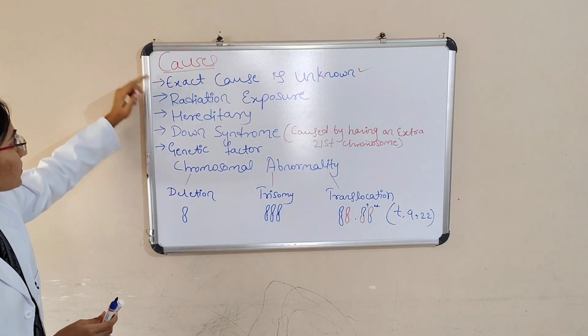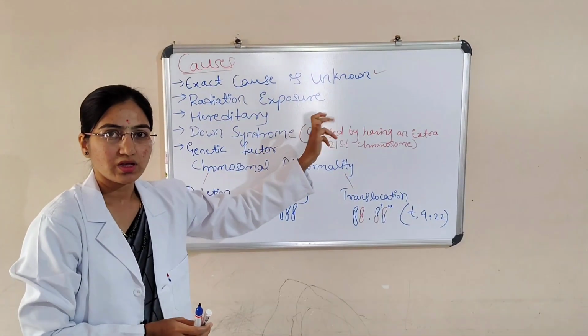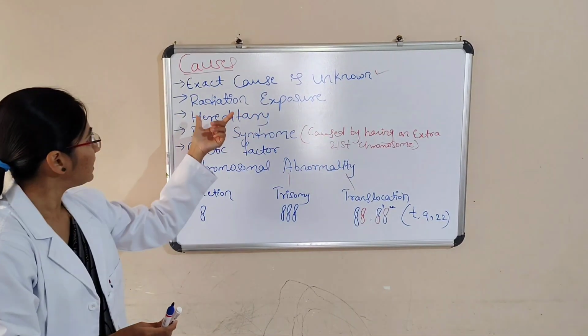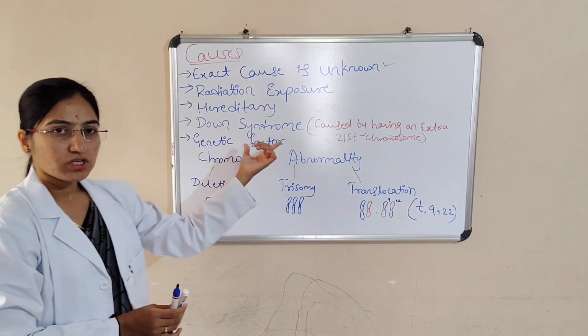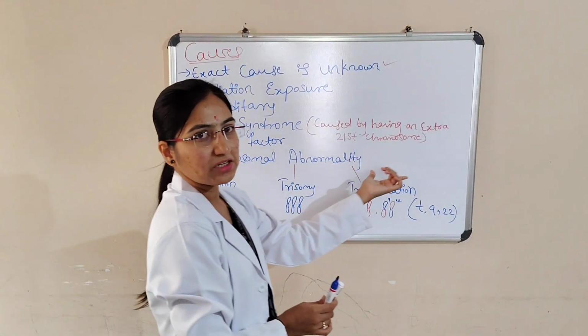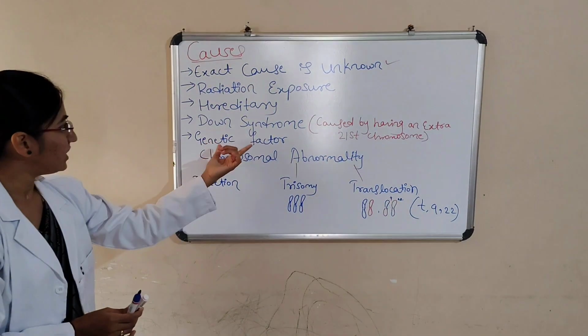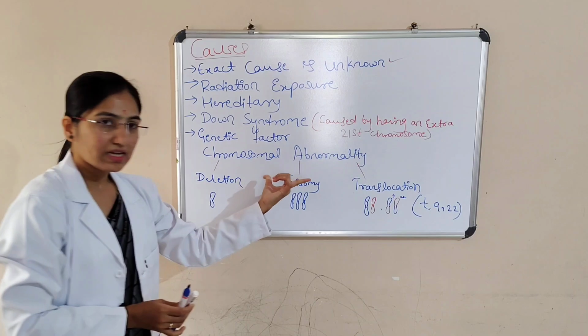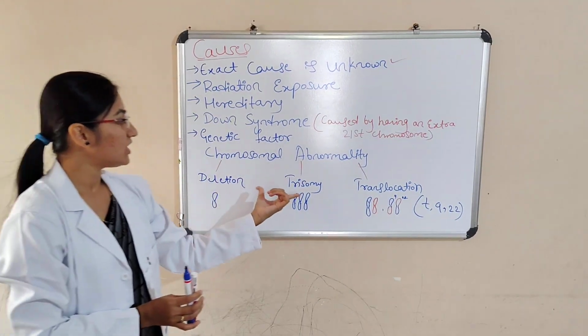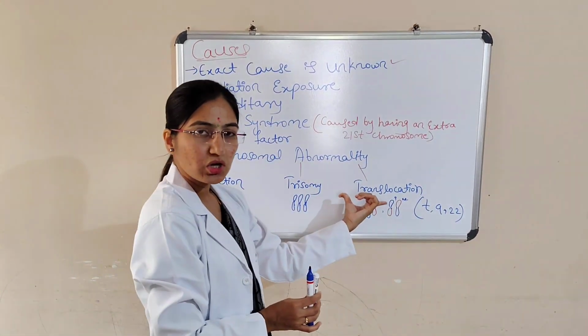Causes for leukemia: exact cause is not known, radiation exposure, hereditary, and Down syndrome. Here it is caused by the extra 21st chromosome. And then genetic factor, under which is chromosomal abnormality. Here there are three types: deletion, trisomy, and translocation.